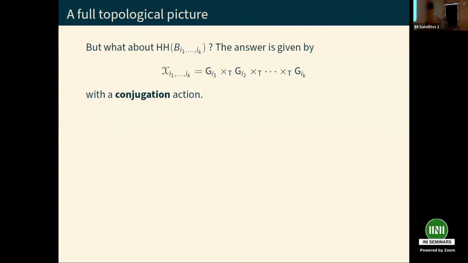This X here doesn't have a quotient in it. You don't model out the right action on the end, and you instead consider a conjugation action, acting on one side with the force on the left, and on the other side, on the right, with the inverse of the force.